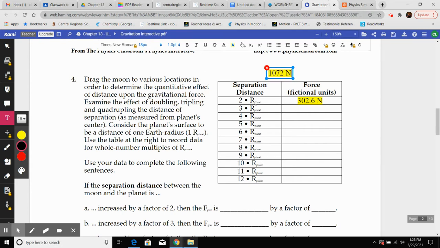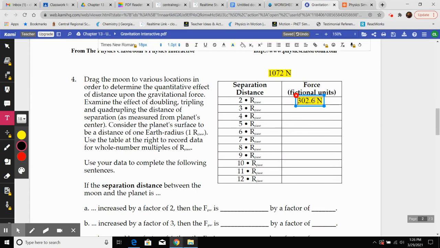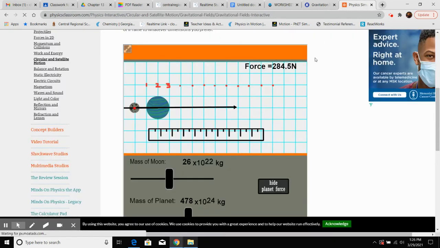Now, geez, sorry about that, guys. Now we can double the distance. So to the next line over. And now it looks like we are at 284.5. Now triple the original distance.